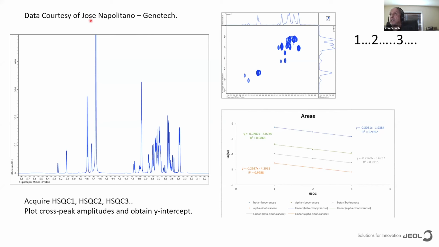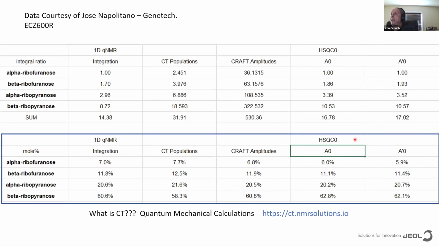So Jose Napolitano Farina and Genentech looked at some mixtures here of ribofuranose and pyranose in the alpha and beta form with HSQC0, acquired some data, plotted it, extracted it to 0, and lo and behold, we get answers out of that that are in very good agreement with many, many things.